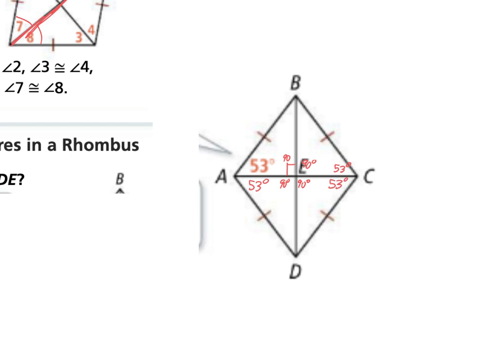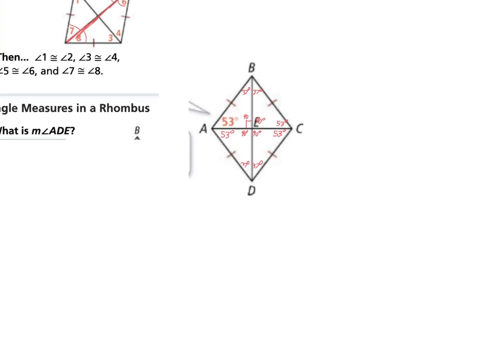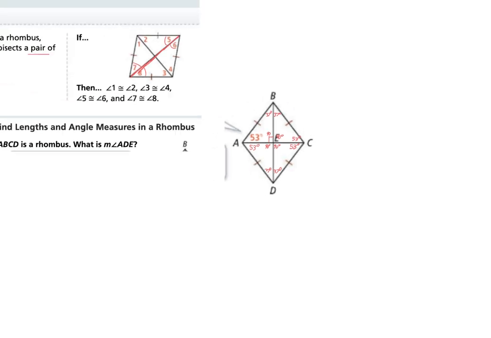So I just have to figure out what this is. I'm just going to go 53 plus 90, subtract from 180, that's 37 degrees. So this is also 37, 37, 37. And just by knowing it's a rhombus and having one angle, I could find all of the remaining angles.